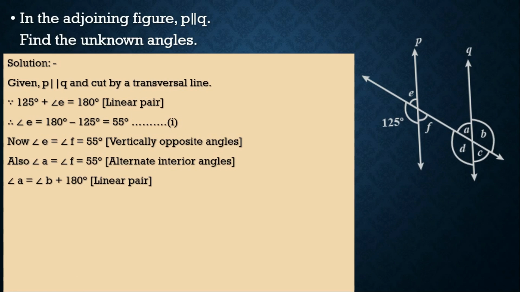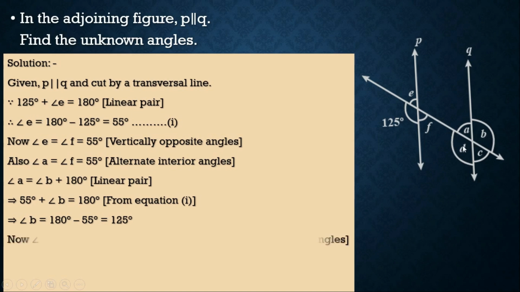So, 55 degrees plus angle B equals 180 degrees. Then angle B equals 180 degrees minus 55 degrees, which gives 125 degrees. So, angle B is 125 degrees. Now, angle D is vertically opposite to angle B, and hence angle D will be 125 degrees.